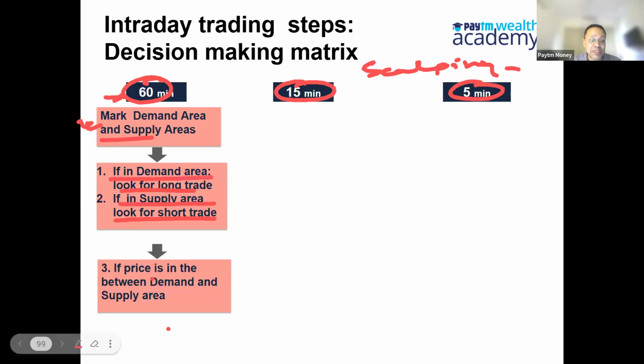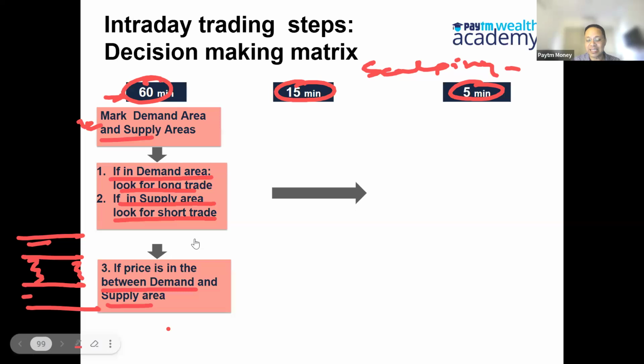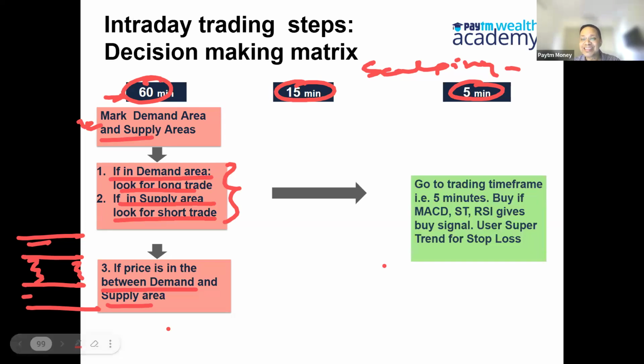If the price is in between demand and supply, that is when we said down in the curve, up in the curve, and equilibrium. So if the price is between demand and supply, you go for the intermediate time frame. Now, if the price is in the demand zone or a supply zone, you straightaway go to the lowest time frame.